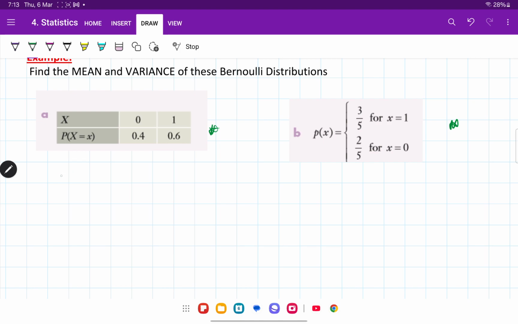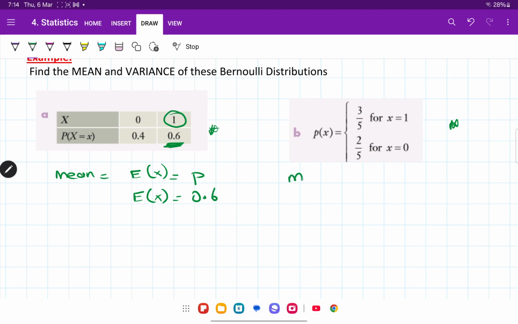Let's start off with our mean, which we can write as E(x) equals p. Remember, p is the probability of success. 1 is our success, so what is the probability of our success? 0.6. So our expected value, or our mean, in this case is 0.6. Let's have a look over here.